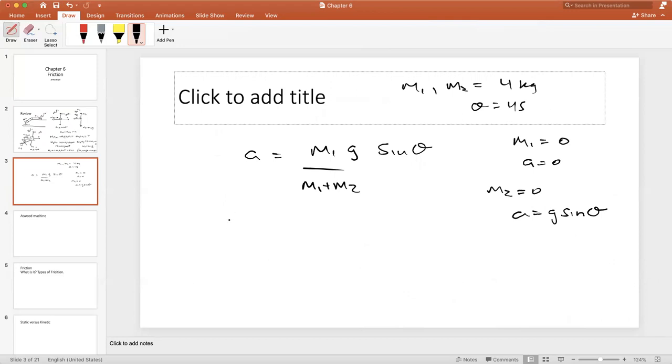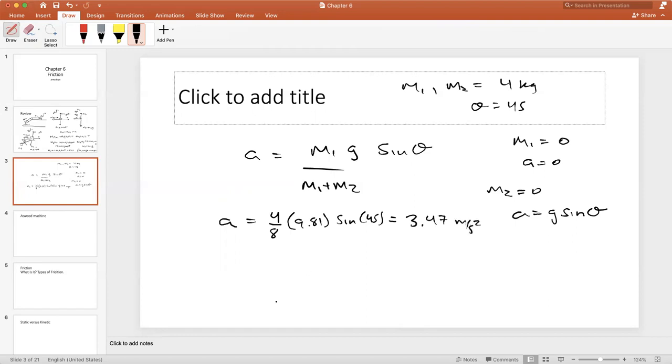If these are both 4, we get 4 over 8 times 9.81 times sine of 45 degrees, and that equals 1/2 times 9.81 times root 2 over 2. So 0.5 times 9.81 times sine of 45 is 3.47 meters per second squared.